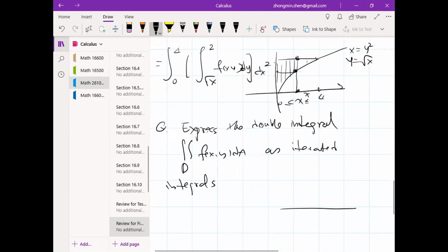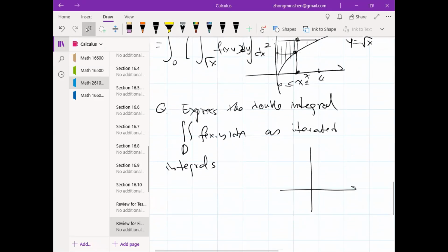So here's a region. Let me show you the region. The region is going to be this part.